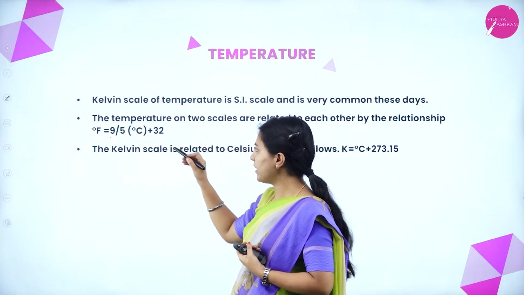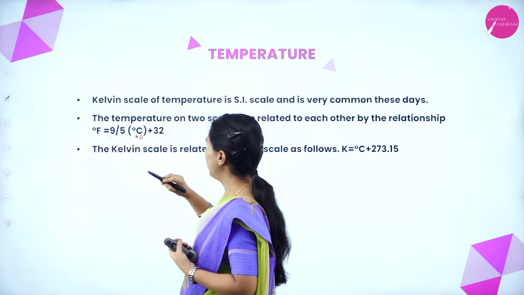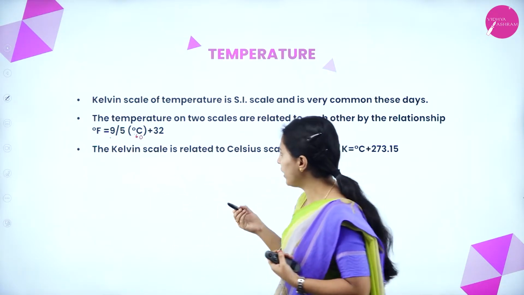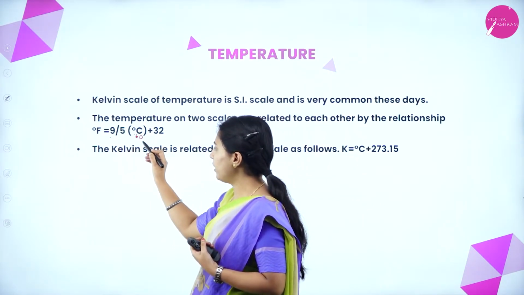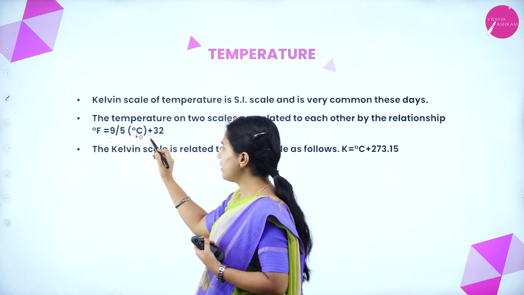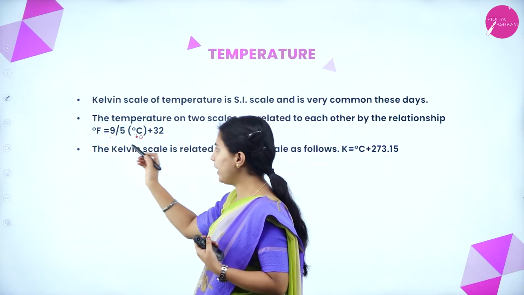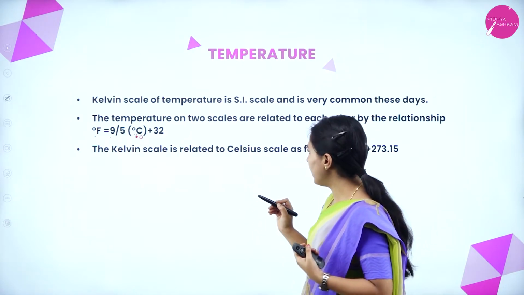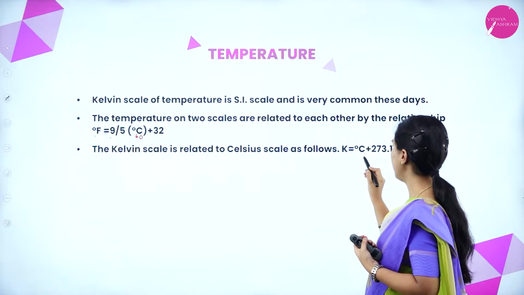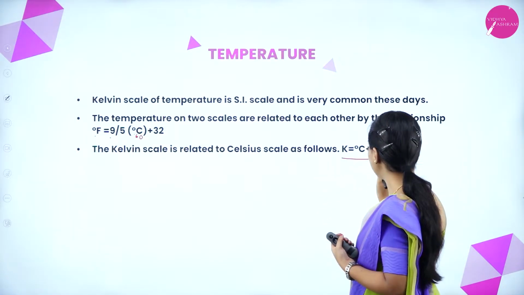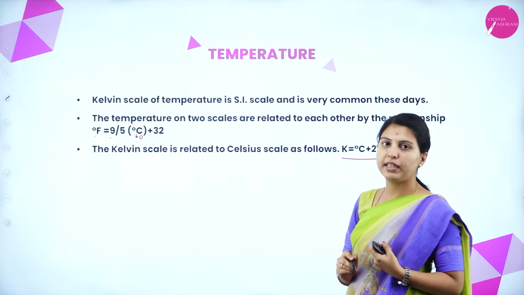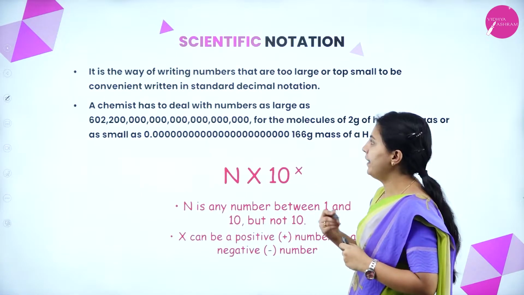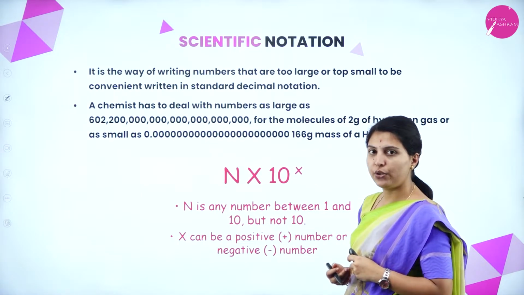Like 60 degree Celsius, if you put 9 by 5 into 60 plus 32, whatever result you get will be in terms of Fahrenheit. The Kelvin scale is related to Celsius scale as follows, that is Kelvin equals degree Celsius plus 273.15.